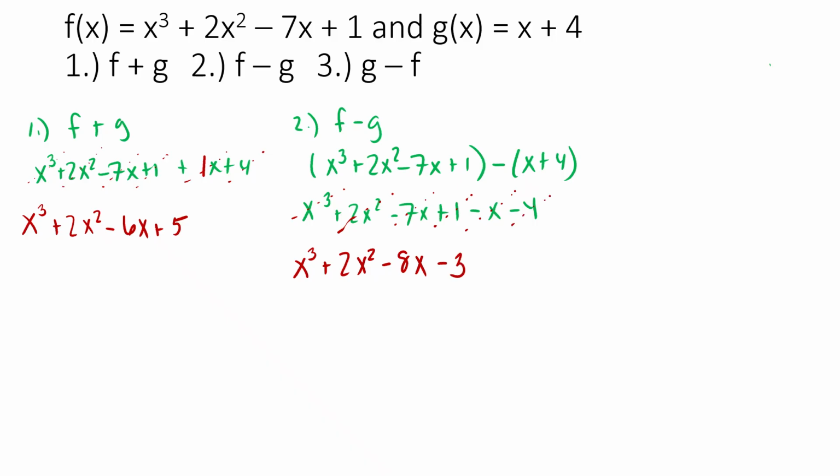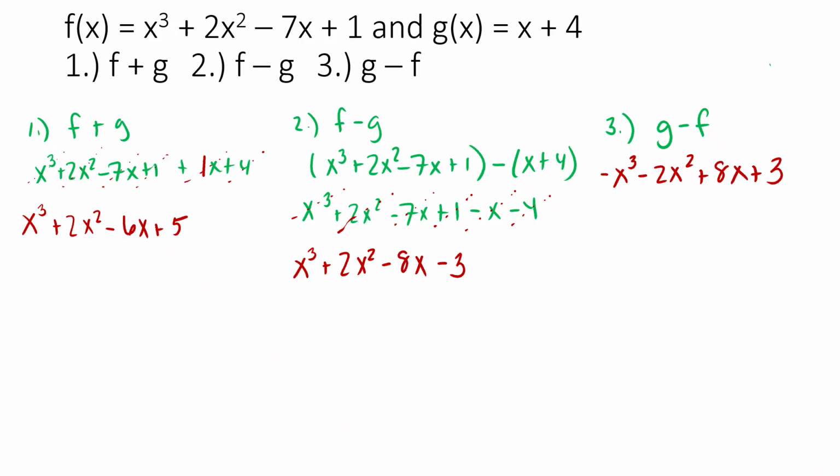Now, if you know how subtraction works, instead of redoing that process, you could just do this. Say g minus f is negative x cubed minus 2x squared plus 8x plus 3, because when you switch the order of the subtraction, you flip the sign on everything.